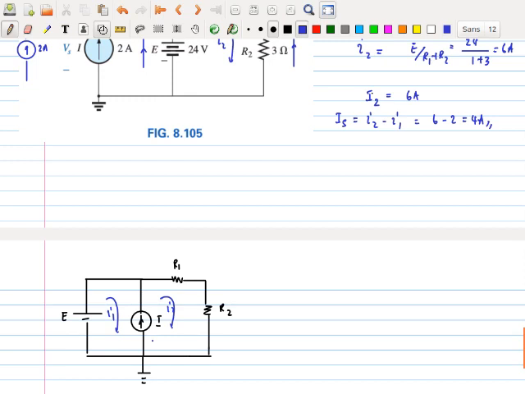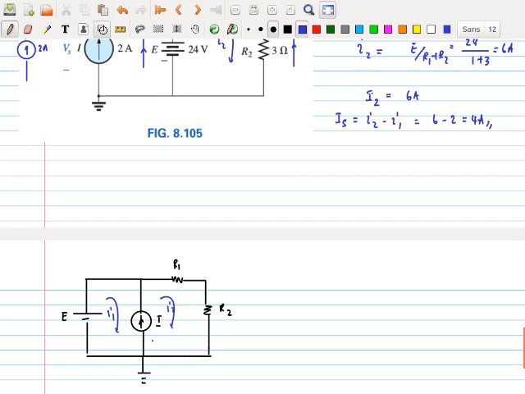There is a current source in that loop. Can't apply. Then go to the second loop. In the second loop also there is a current source. Now this is what we were talking about when we stopped last time. It's the super mesh.